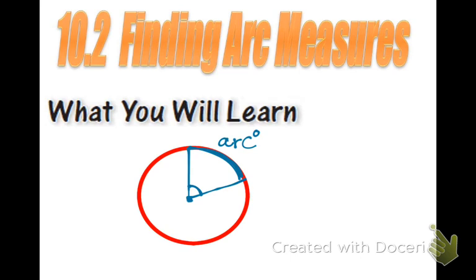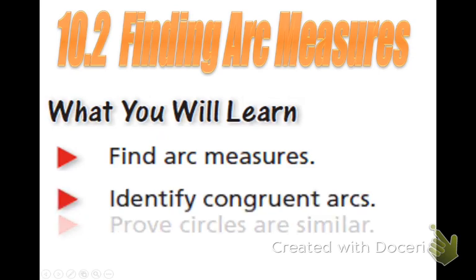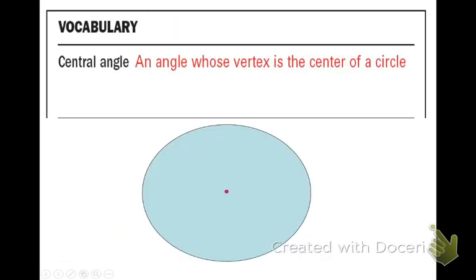Okay? The first one we're going to talk about is a central angle. A central angle is an angle whose vertex is the center of the circle. So a central angle, which is the first blank, is an angle whose vertex is the center of the circle.